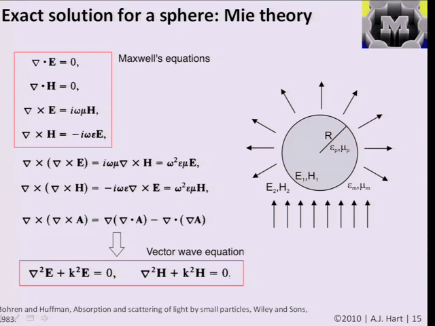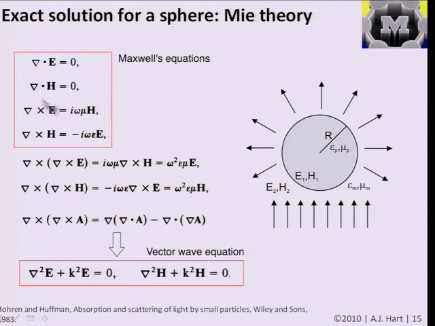The idea is that you'd start with Maxwell's equations, and you'd write them down for the particle, and inside you have dielectric constants, so the permittivity and the permeability, that's epsilon and mu, and then you have those properties outside the sphere.